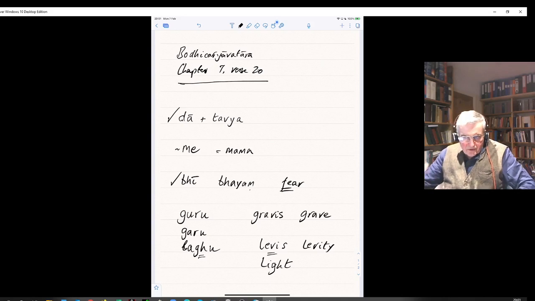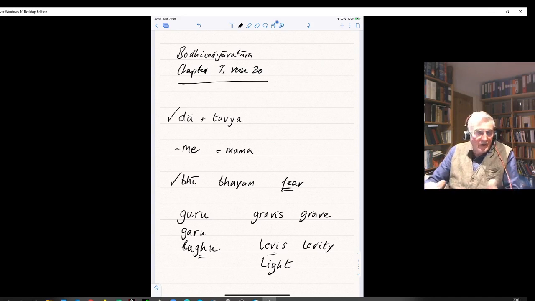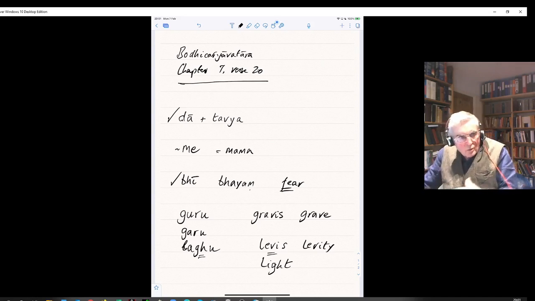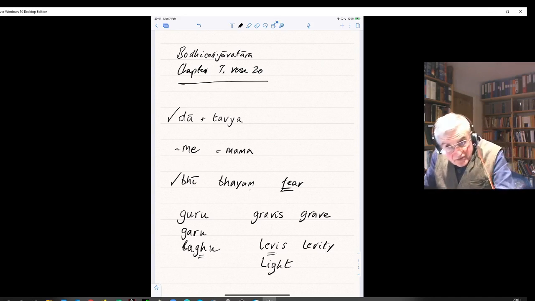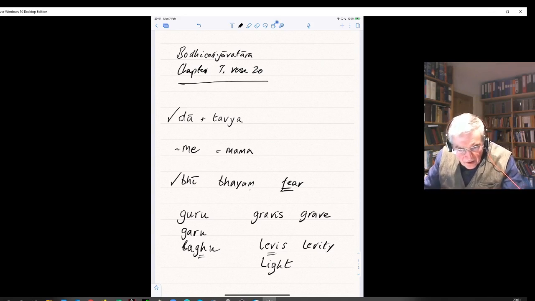Light in the sense, of course, of not heavy, not light and dark, not heavy. Now, put those two together, guru laghu, light and heavy, important and unimportant. We're talking here about the distinction between what is important in life and what's not important in life, what needs to be taken seriously and what doesn't. That's the guru and the laghu.